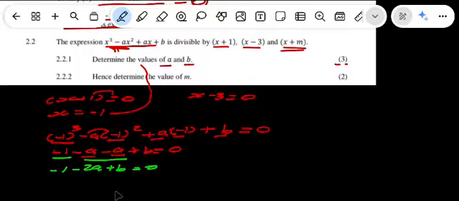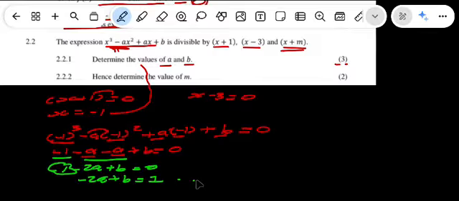It's up to you. I will take this -1 to the other side. If I take that to the other side, I'll be left with minus 2a plus b. This will be positive 1.